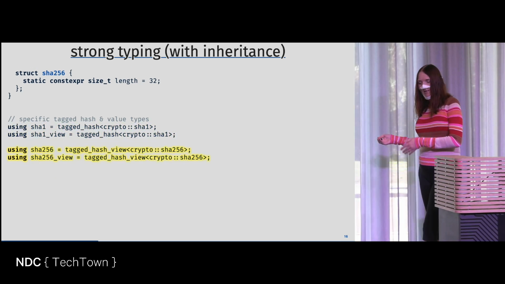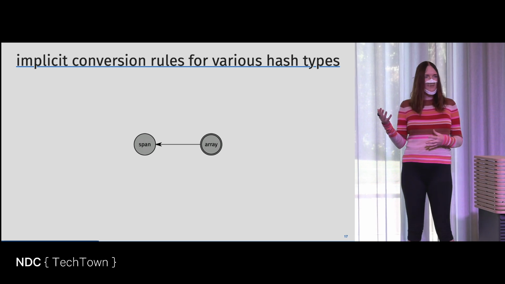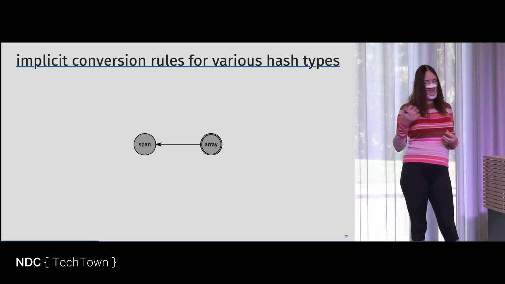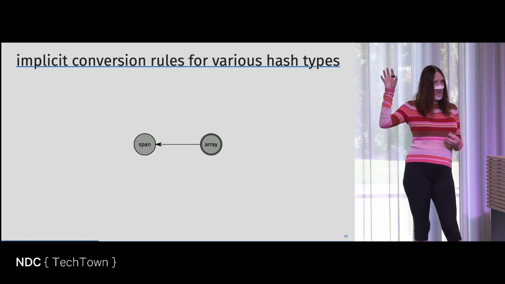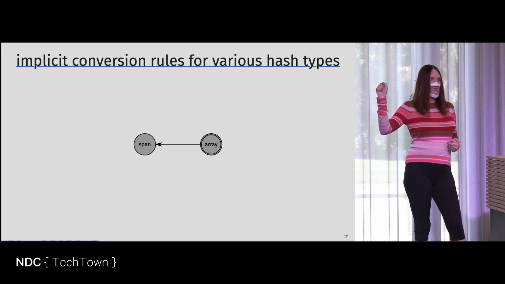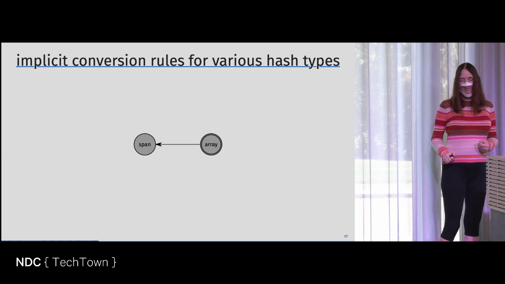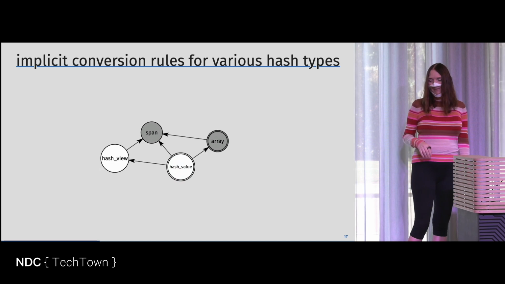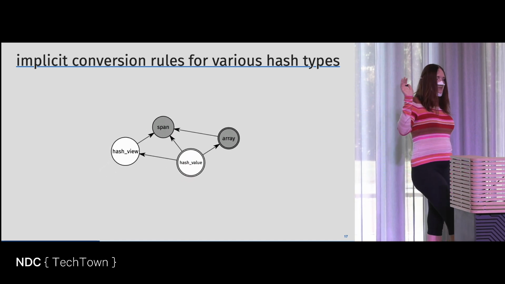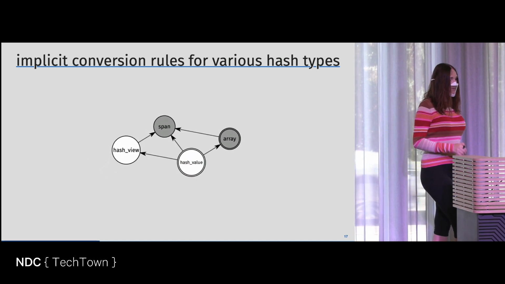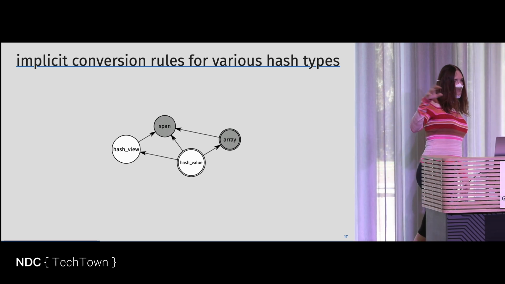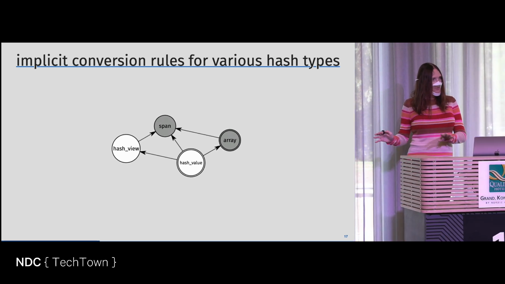So we have the types, and now you can see the graph. A convertible array which owns data is convertible into span implicitly. Hash value is convertible into hash view, and also hash value is convertible into span. And these are just implicit conversions.